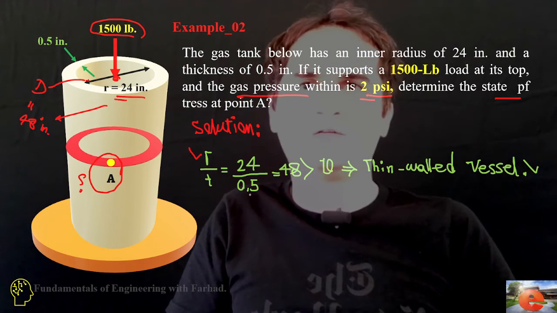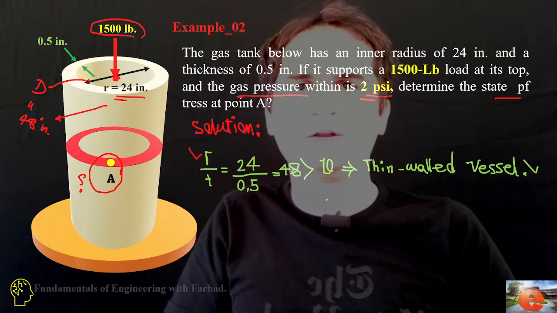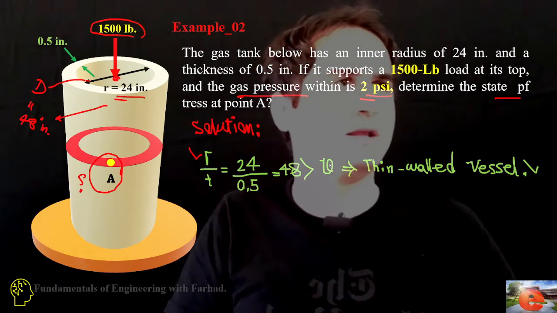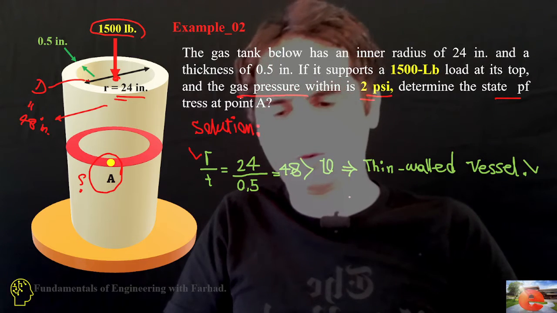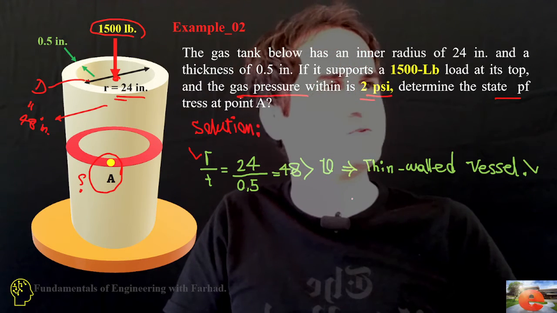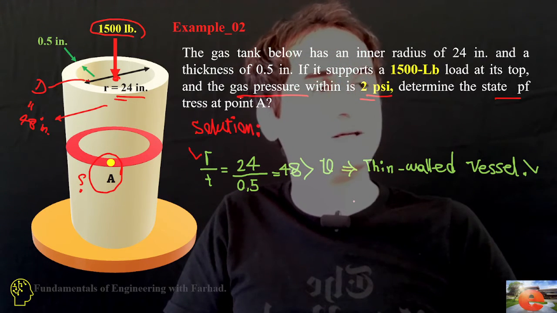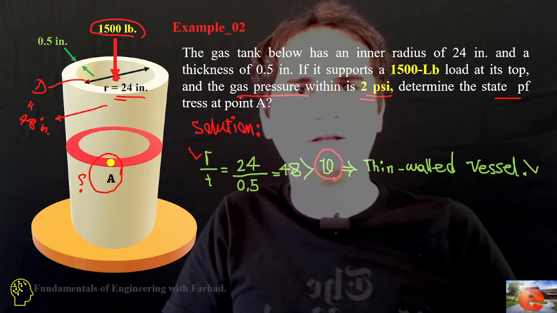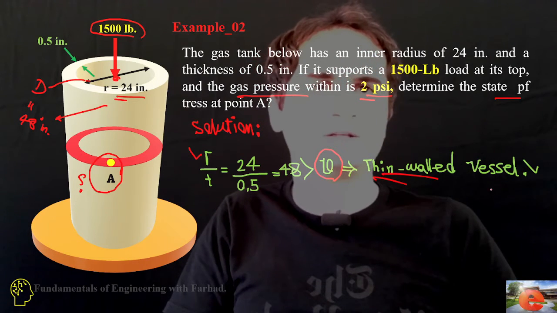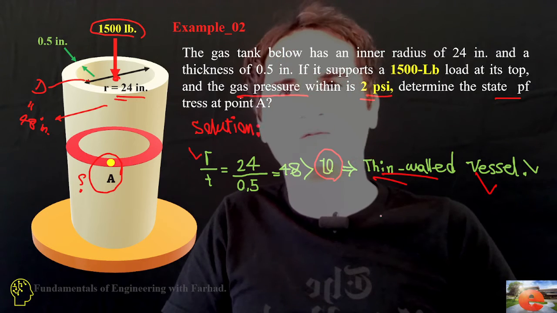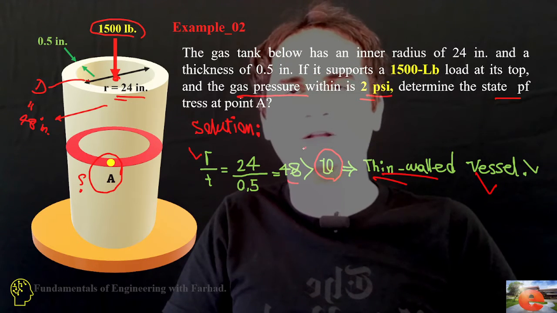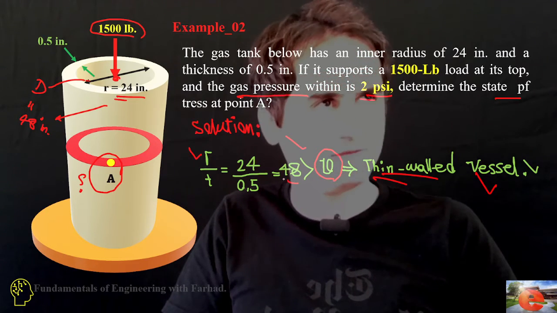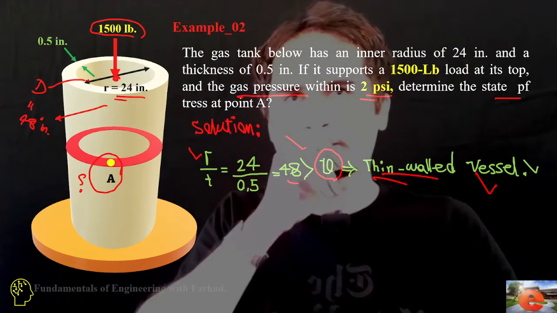So 24 over 0.5 is 48, which is far bigger than 10, and we know for a thin wall section, if the radius to thickness ratio is bigger than 10, the vessel is considered a thin wall vessel. So 48 is far bigger than 10, so it's definitely a thin wall section.